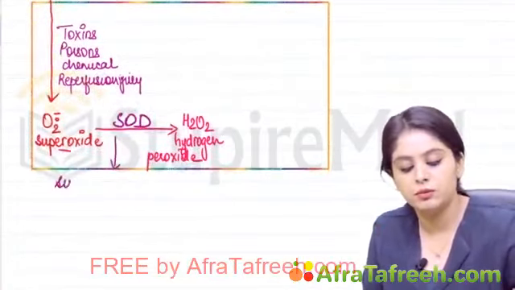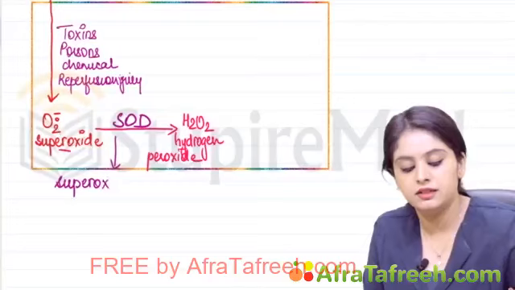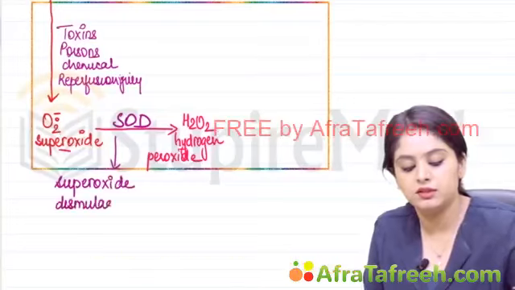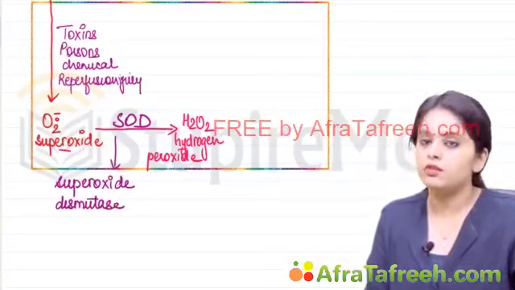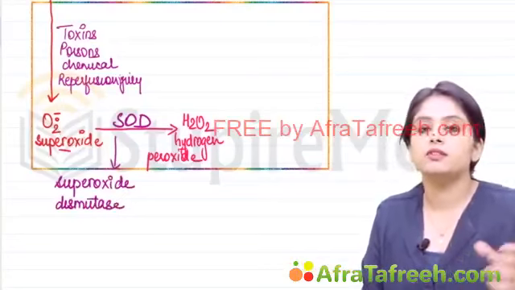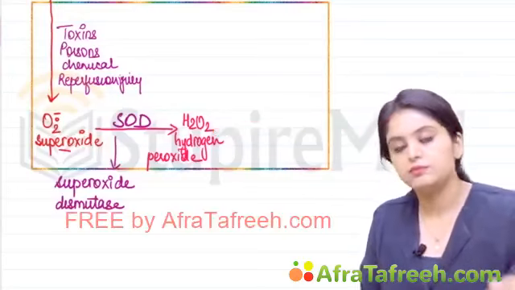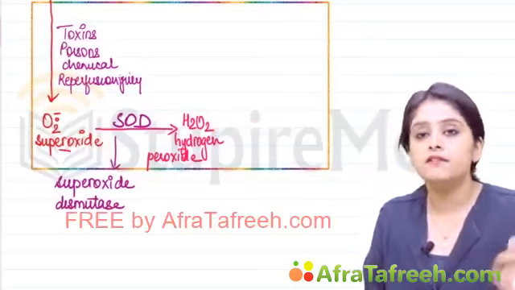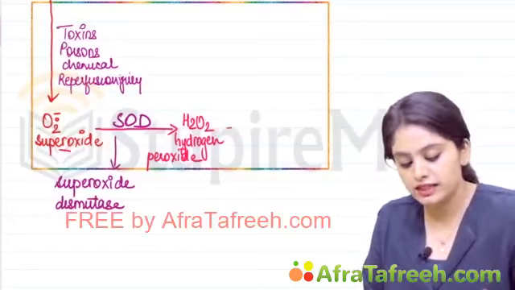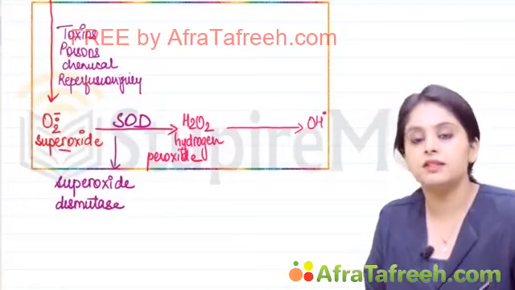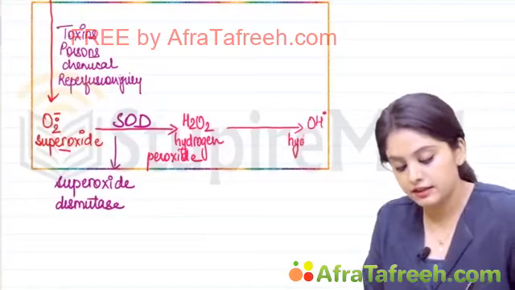It is superoxide dismutase. So superoxide goes into hydrogen peroxide in the presence of the enzyme superoxide dismutase. Now this H2O2 is also a free radical. Further, this H2O2 will then convert into OH, that is hydroxyl ion.